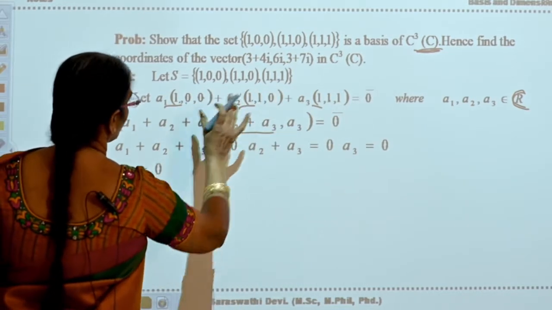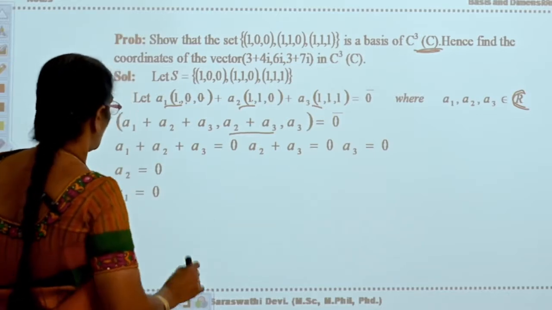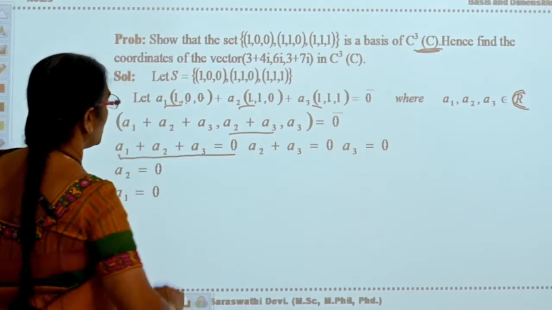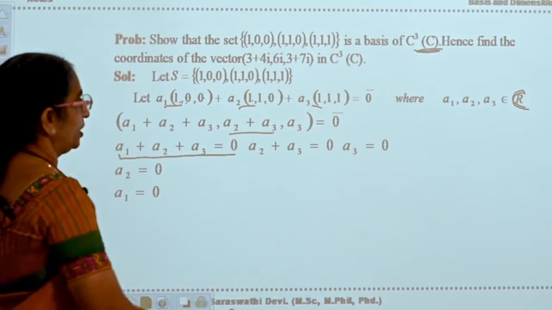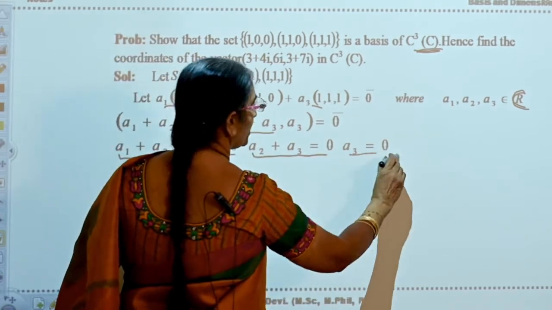If you add these 3, you get this. Equated to 0, you get the equations a1 plus a2 plus a3 equals 0, a2 plus a3 equals 0 and a3 equals 0.